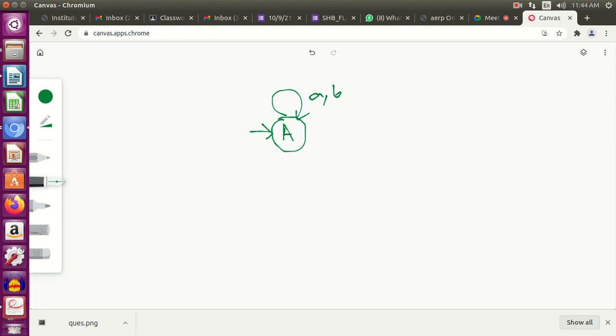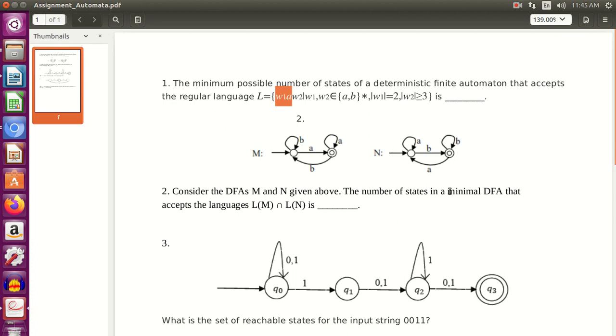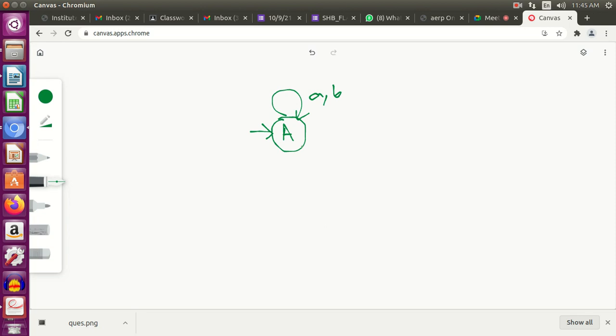So for such a question, just a trick, it's not zero. You should not answer that the number of states in a minimal DFA that accepts the language LM intersection LN is 0. 0 won't be the correct answer, but 1 will be the correct answer, because you have been asked to construct the DFA. A DFA is possible, but since the language is a null language, you do not put any accepting state or any final state.